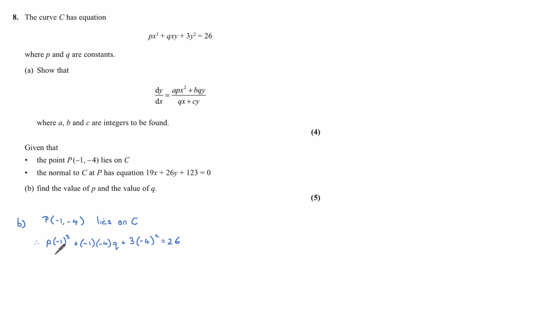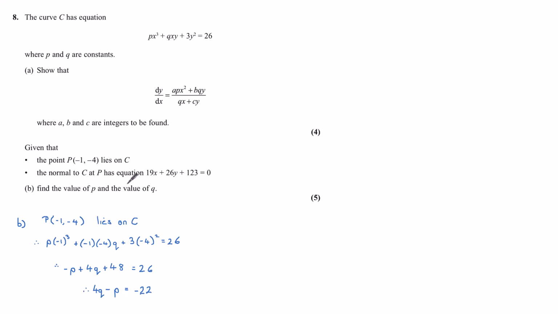That gives us p lots of minus 1 cubed plus q times minus 1 times minus 4 plus 3 lots of minus 4 all squared is equal to 26. This gives us minus p plus 4q plus 48 is equal to 26. Subtracting 48 from both sides, I've got 4q minus p is equal to minus 22. So that's one equation in terms of q and p.